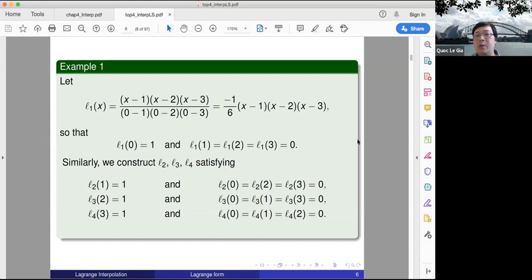And on the bottom you have 1 minus 0, 1 minus 2, 1 minus 3. So this is your L2, the product of everything except the second point, which is 1, and downstairs you have 1 minus everything else. Then you get L3, L4, the same principle.